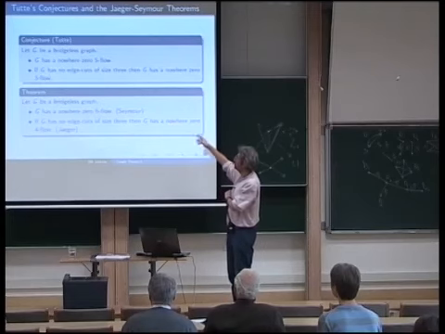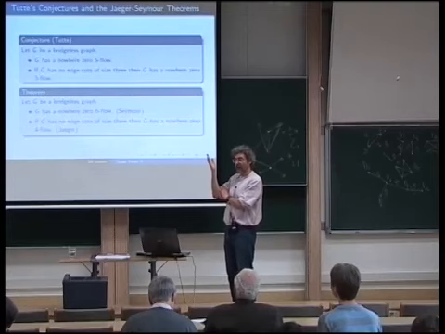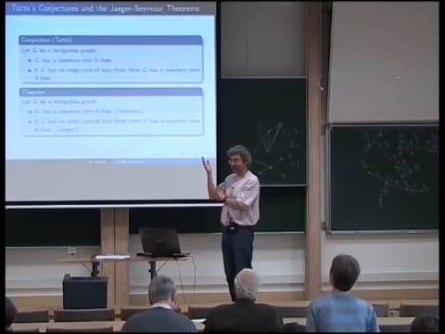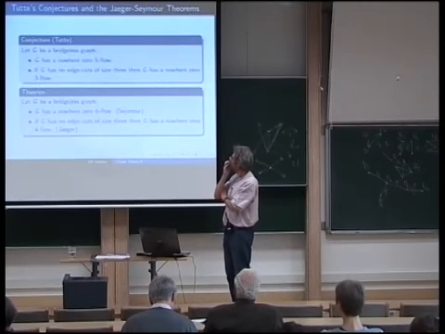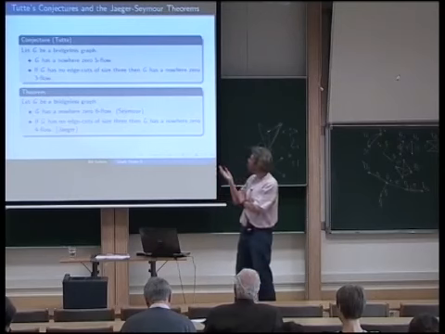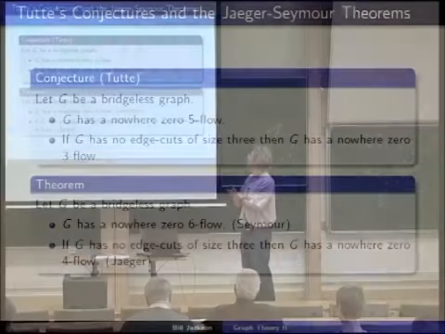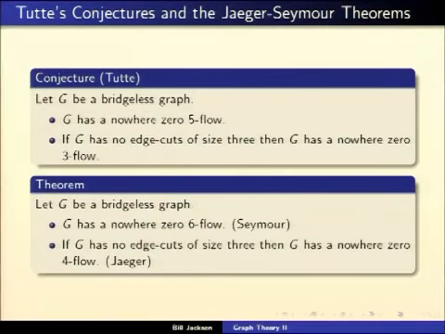The dual statement would be that if you have a planar graph without any 3-edge cuts, then it has a nowhere zero 3-flow. And so Tutte conjectures that the dual statement is true for all graphs.